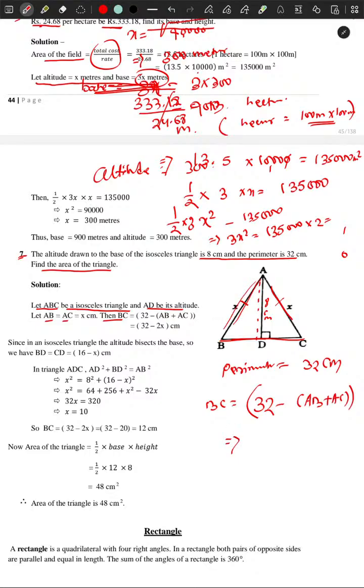Let AB be x cm and AC be x cm. Then BC equals 32 minus (x plus x), so 32 minus 2x.